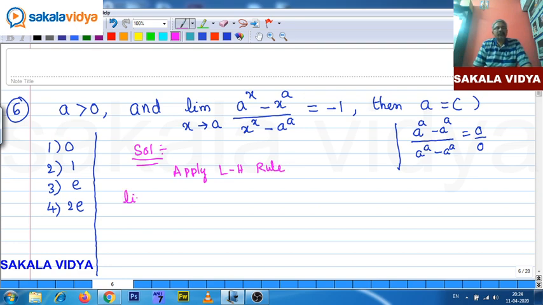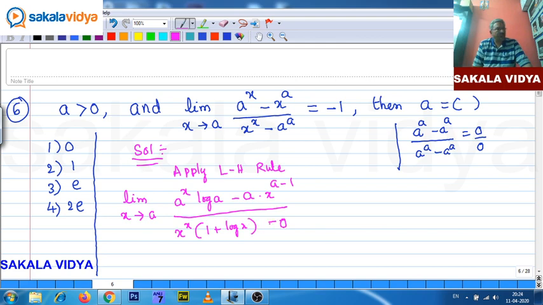Here limit x approaches a, the derivative of a power x is a power x log a, that is base e only, the derivative of x power a is a into x to the power of a minus 1, and upon the derivative of x to the power of x is x to the power of x into 1 plus log x, and minus a to the power of a is constant, 0.